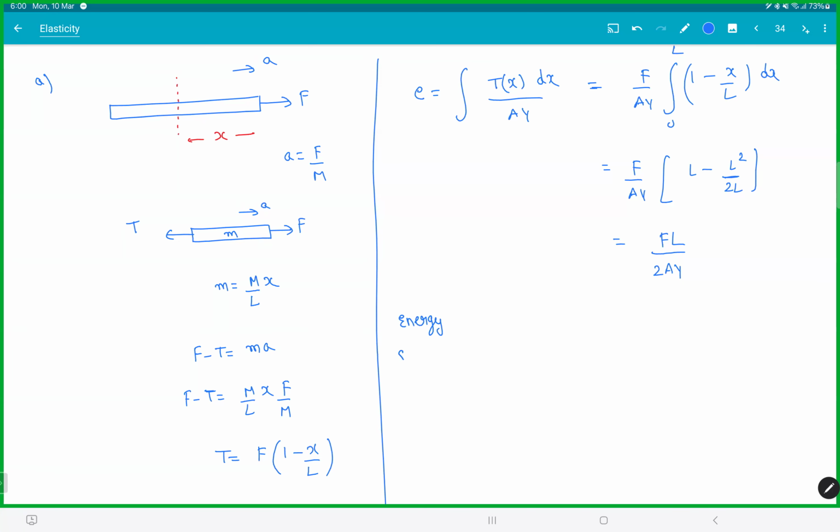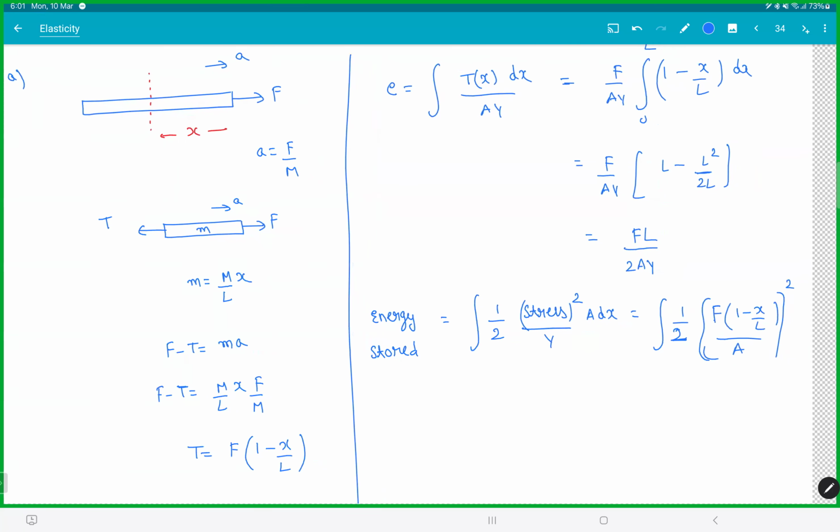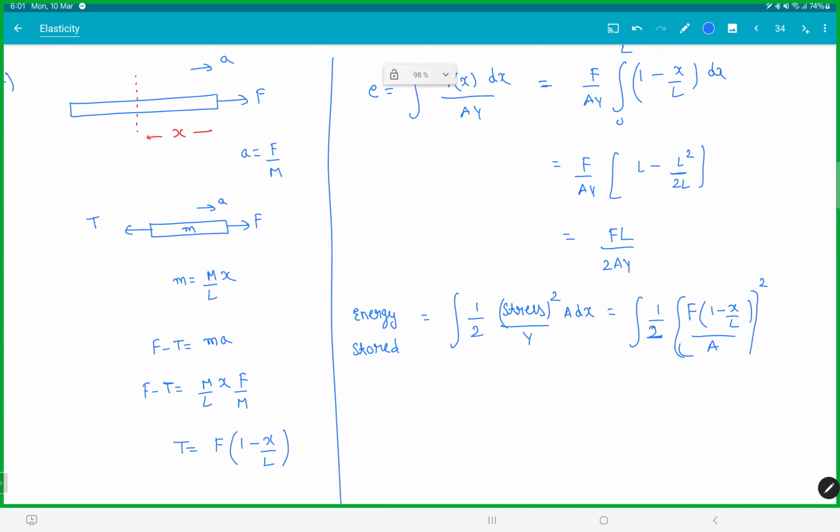And for the energy stored, it is the integral of stress square by Young's modulus into A dx. Stress is nothing but tension by area, so this is half into F times (1 minus x by L) by area, whole square, over Young's modulus, into A dx.